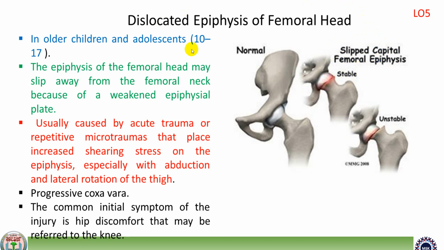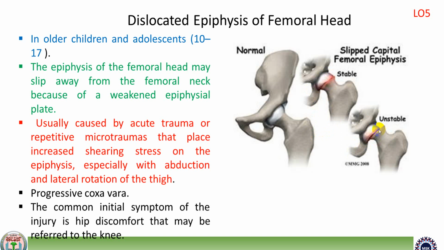It happens in older children, aged 10 to 17 years. Here, this is the epiphysis, this is the physis, and this is the neck. Usually the epiphysis may slip away from the femoral neck due to weakness of the epiphyseal plate from an underlying cause. It can occur because of acute trauma, a single trauma, or repetitive microtrauma, causing repetitive shearing forces on the epiphysis and resulting in slipping. This slipping may be partial or complete.